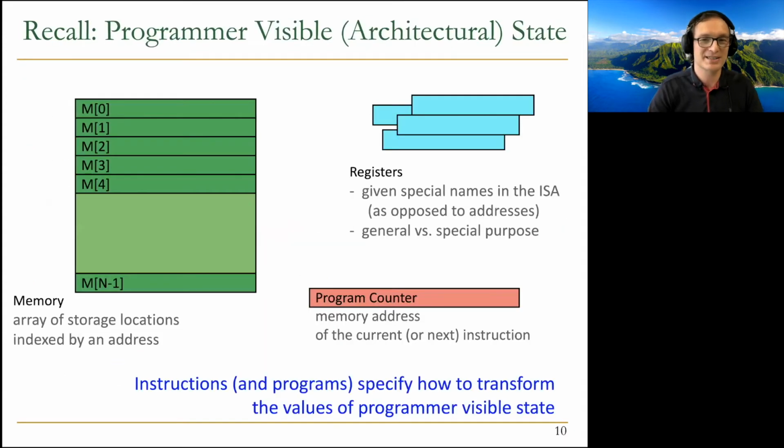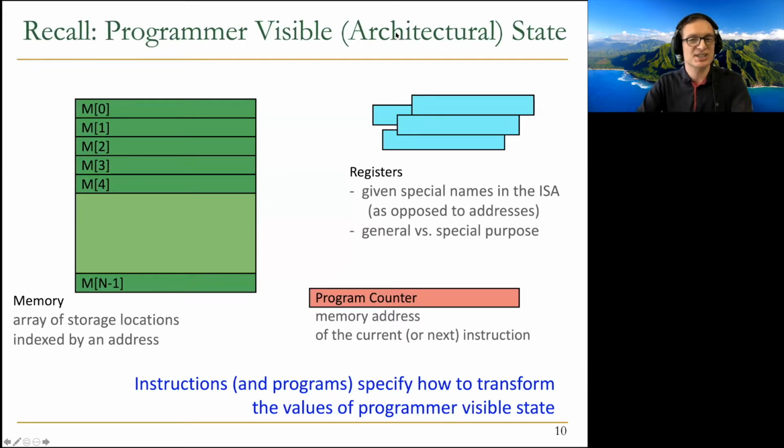Recall that we also talked about programmer-visible architectural state. This is also very critical for the von Neumann model. This is what gets exposed to the programmer: memory, program counter, and registers. These are the major chunks. Of course, there are other things that may be exposed depending on the ISA. Essentially, anything that gets exposed to the programmer from the underlying machine is the programmer-visible state.